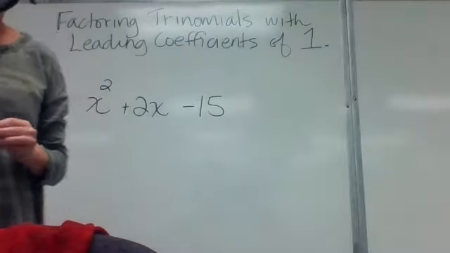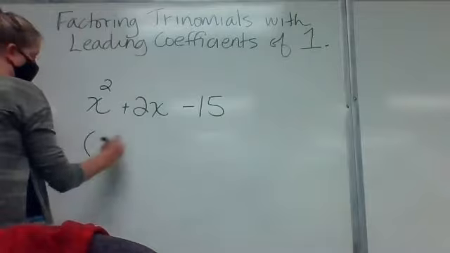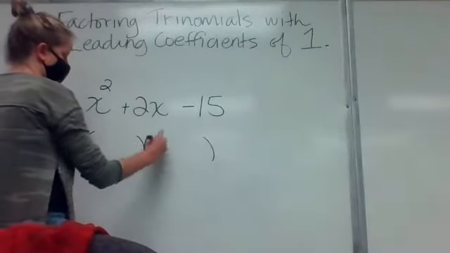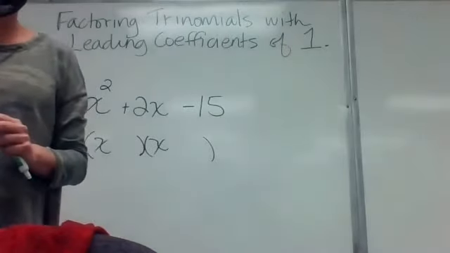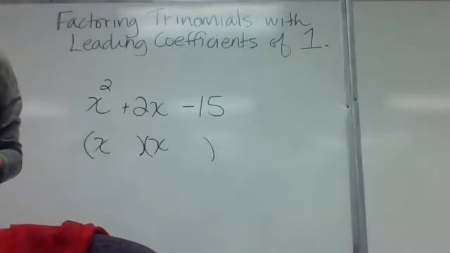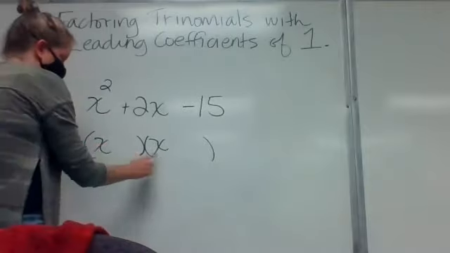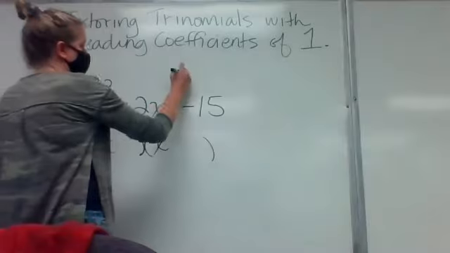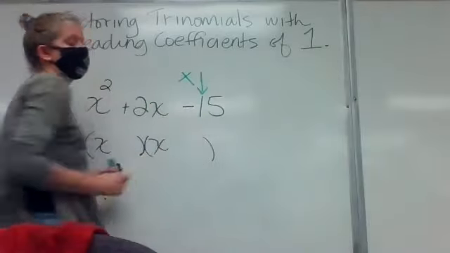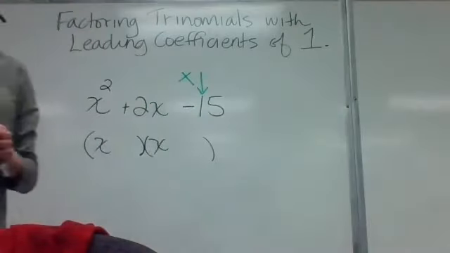That's what starts us off nicely. If your leading coefficient is a 1, it is automatically x and x. What do these two numbers right here need to do? They need to, first of all, multiply to equal negative 15.